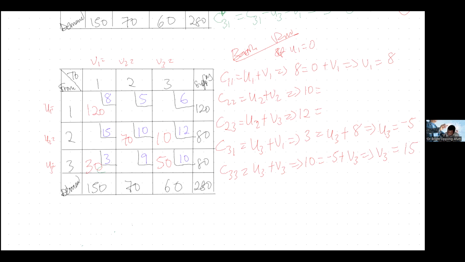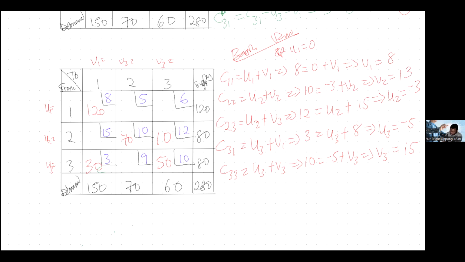All right, so we can go back and find our U2. So U2 plus, we know V3 to be 15, and therefore U2 is 12 minus 15, and that is negative 3. Then now we know U2, so we know U2 to be negative 3 plus V2, which implies that V2 is 10 plus 3, and that is 13.